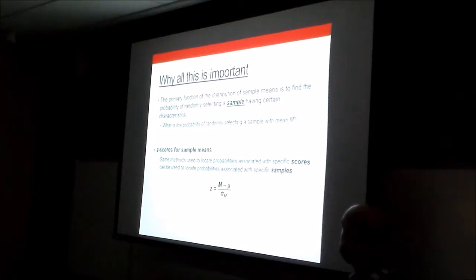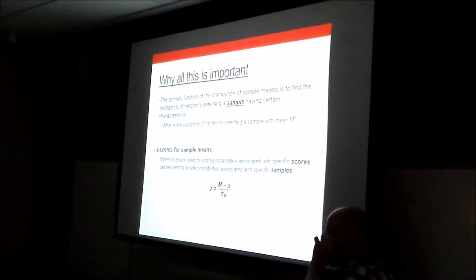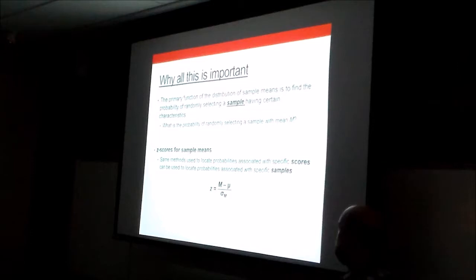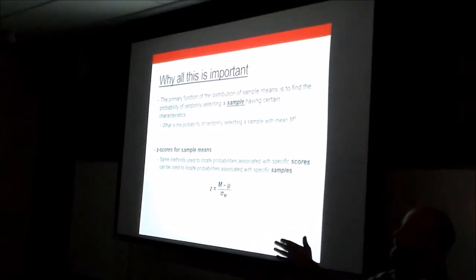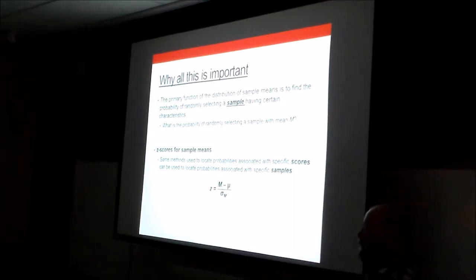So this all ends up being important because, based on the properties of the distribution of sample means, we can start assigning probability values to the likelihood of obtaining a sample of this mean or higher based on the assumption of some sort of reference point.